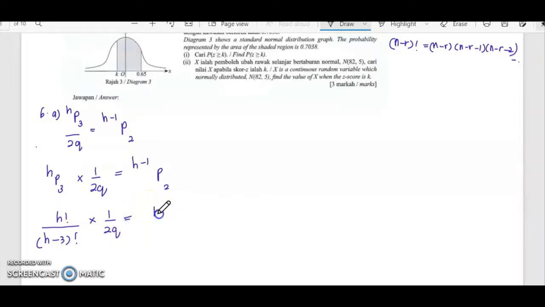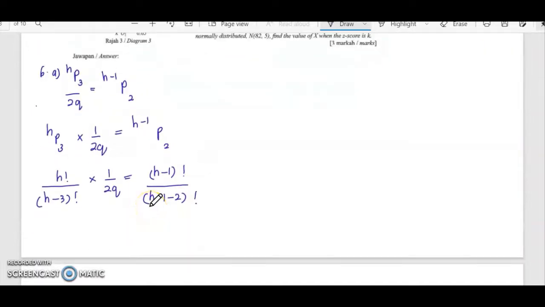So this one is also (h minus 1) factorial divided by (h minus 1 minus 2) factorial. Tak habis cerita lagi. So kita bawa dulu everything ke sana. 2Q kita pergi sebelah.